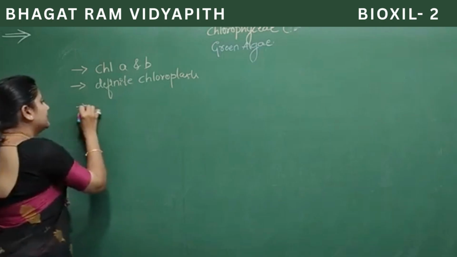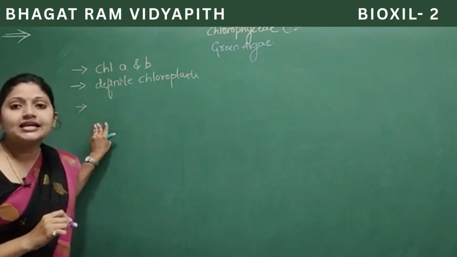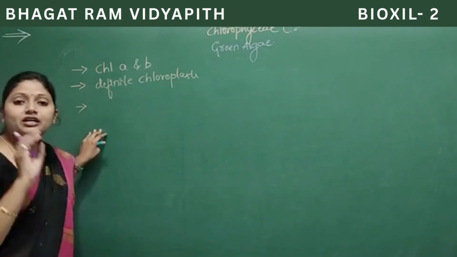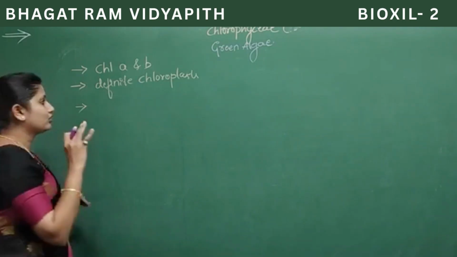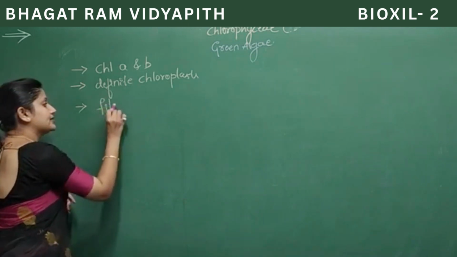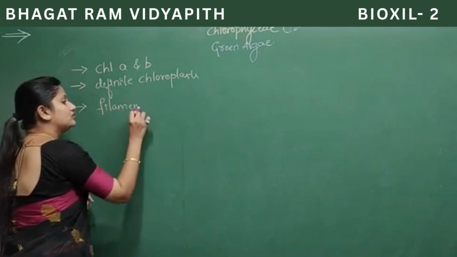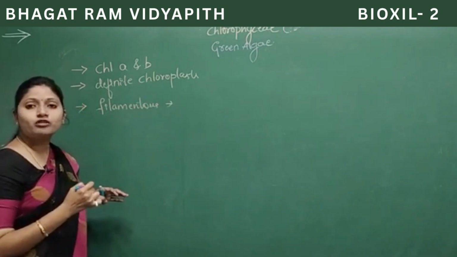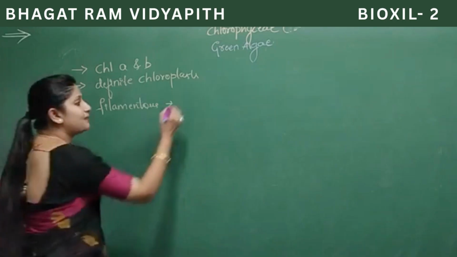Okay, then these green algae or the members of chlorophyceae can be filamentous or colonial in form. An example for the filamentous form of green algae is Spirogyra.